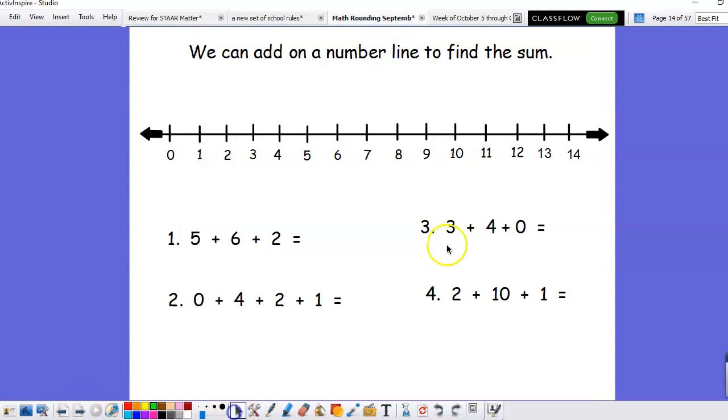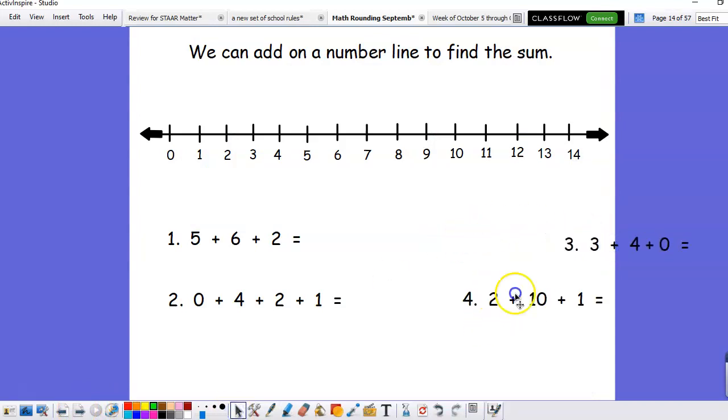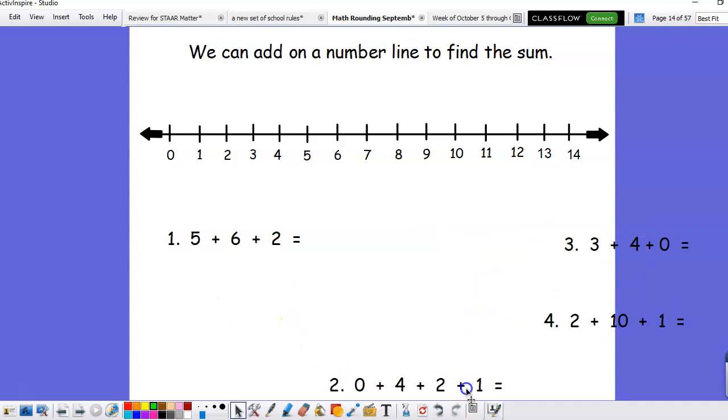Then what I showed the class was a number line, and we reviewed how to do this. The very first thing I asked is how many addends do I have here? And there are 3 addends: the 5, the 6, and the 2. Then I represented it on the number line. So this is Johnny. He had 5 Legos.